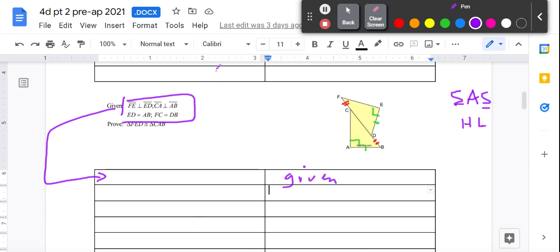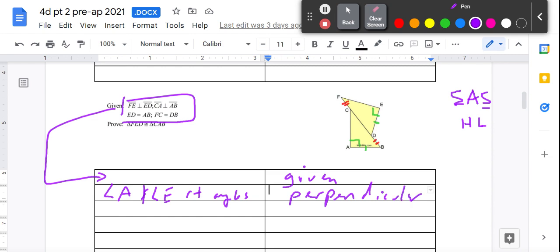Okay. Next, just to take care of some other stuff here, we know that these are right angles. So, angle A and angle E are right angles. Okay, and that's by the definition of perpendicular.